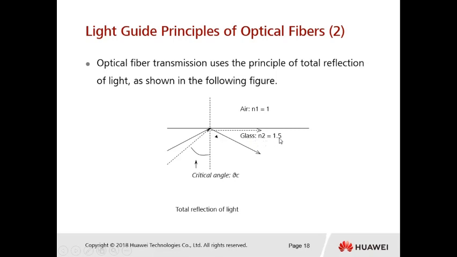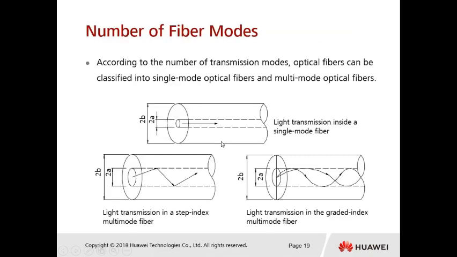For example, if this is 1.5, this one should be 1.1 or 1.2. At this time, we can have total reflection. The light will always be limited to this glass area, so your light will always transmit in this form.